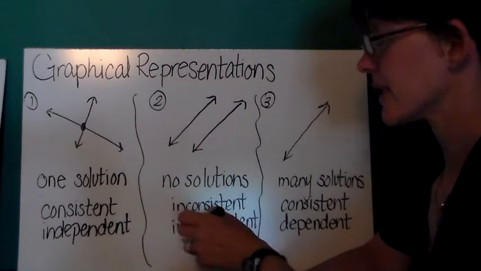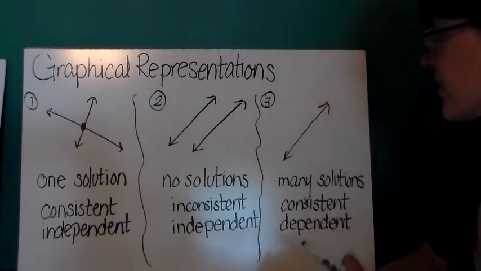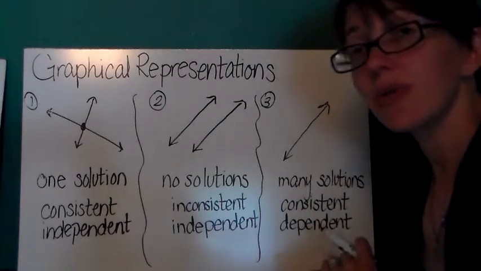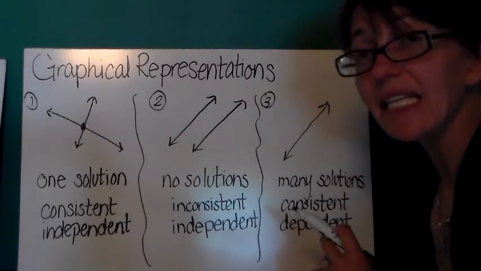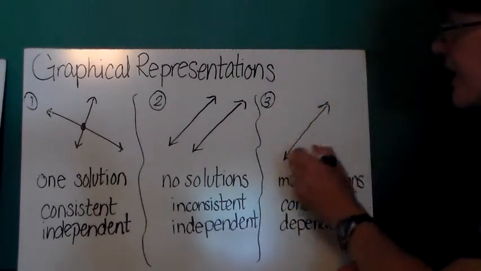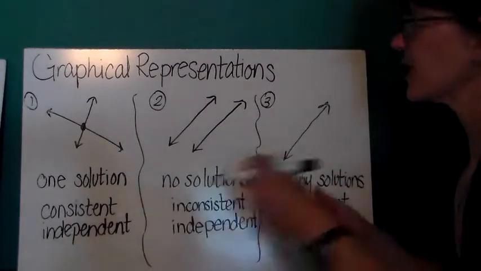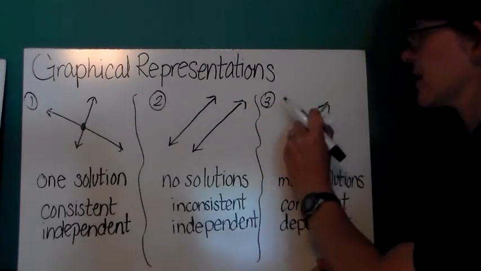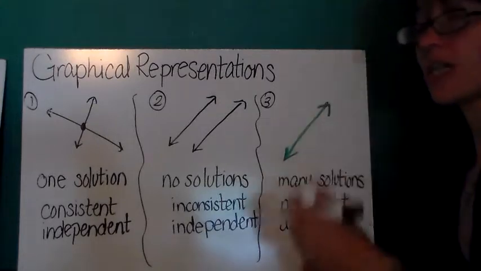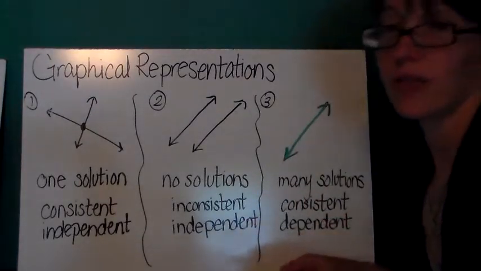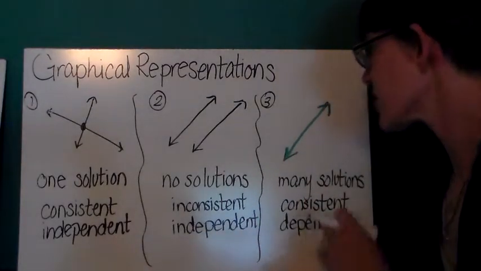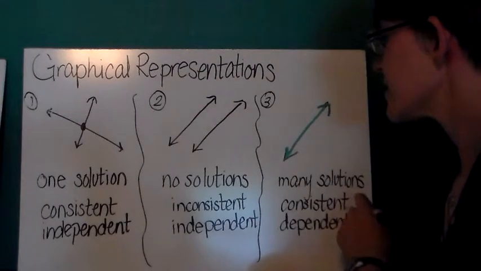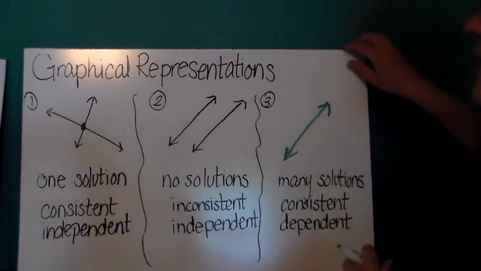They are inconsistent and independent. Finally, my two lines could be exactly the same line. In this case, I have just what appears to be one line here, and that's because the other line lies right on top of it. This has many solutions, in fact, an infinite amount. We call such a system consistent and dependent.